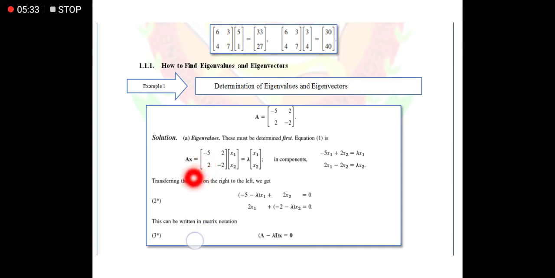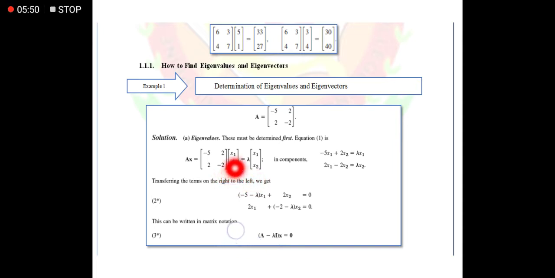Just like this one, x1 and x2 is actually a vector. Then for the right side of equation number 1, we have lambda multiplied by the vector x1 and x2.